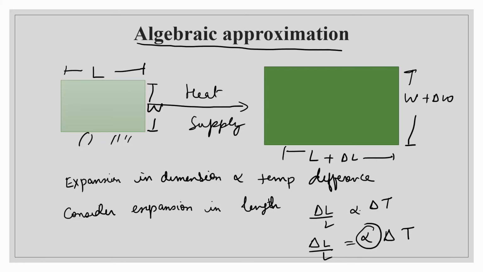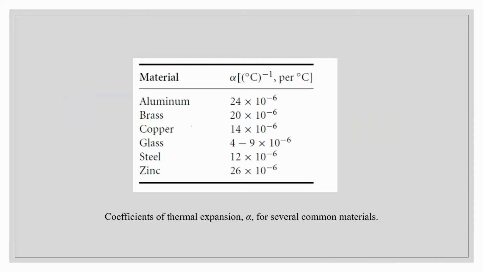By removing the proportionality sign, I get alpha as a constant, which is the coefficient of thermal expansion. This coefficient has different values for different metals. You can see it for aluminium and brass. So this alpha, the coefficient of thermal expansion, varies as per the material.